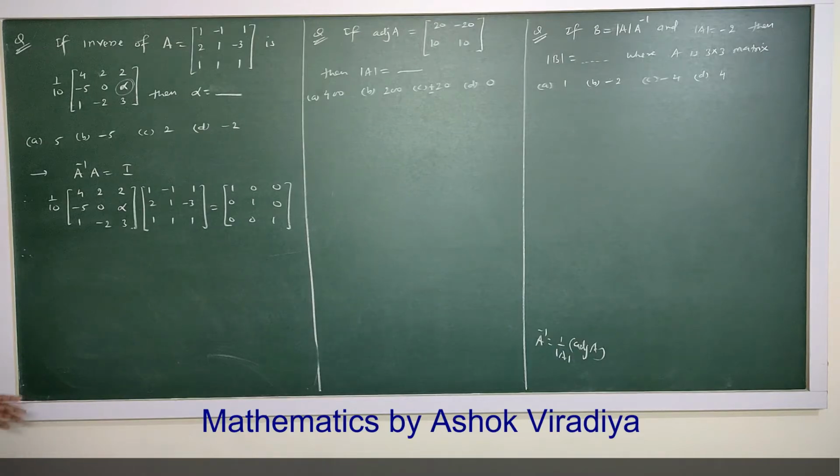Now to remove this 10, इक्वेशन को हम 10 से मल्टीप्लाई करते हैं. So multiplying the equation by 10.